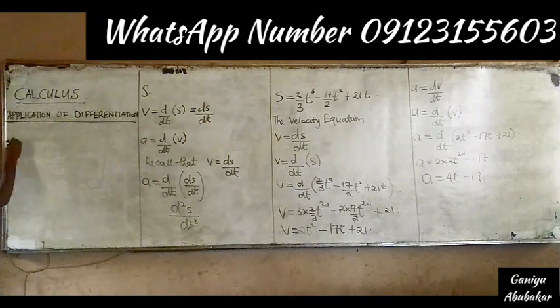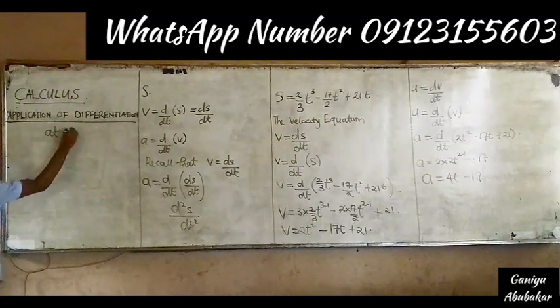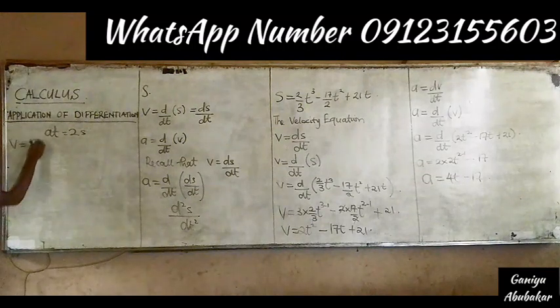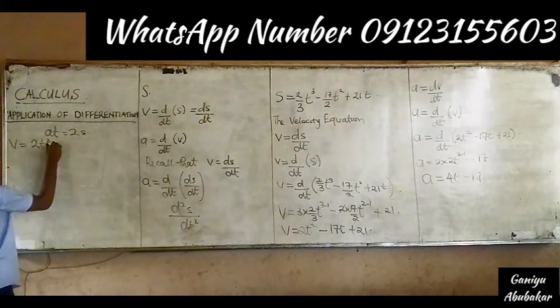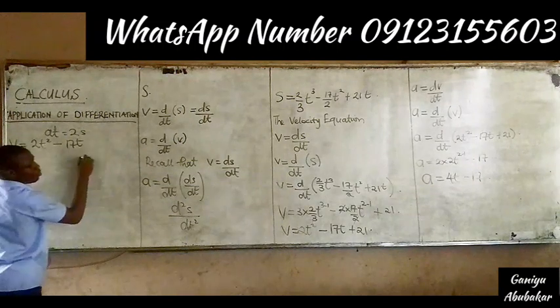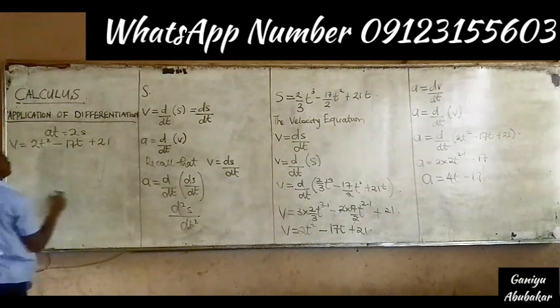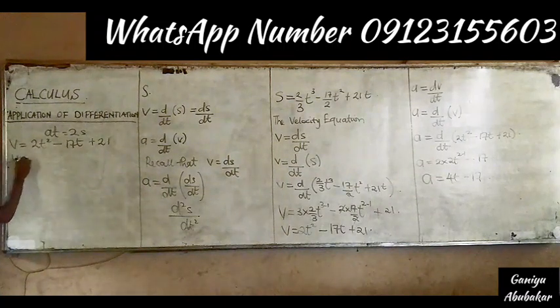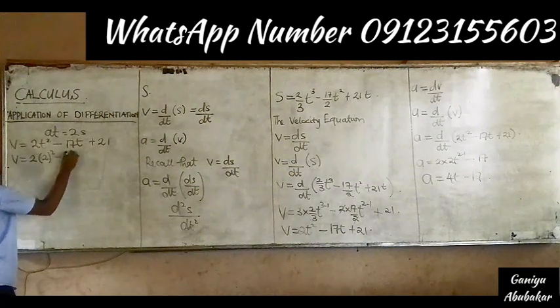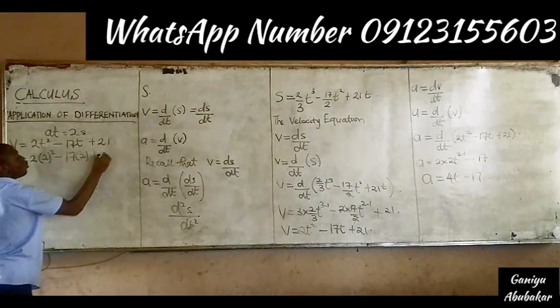So recall the velocity equation at 2 seconds: v is equal to 2t squared, next minus 17t plus 21. Putting in t, v is equal to 2 into 2 squared minus 17 into 2 plus 21.